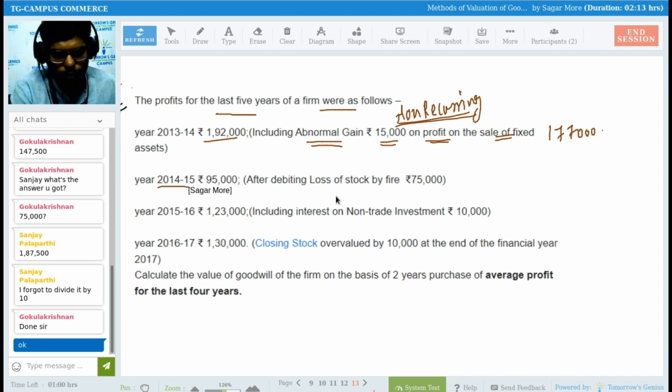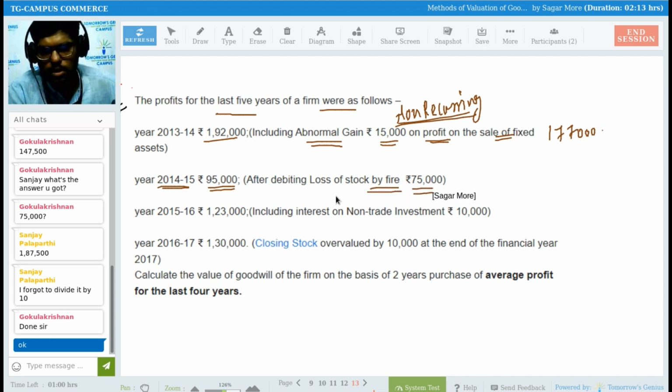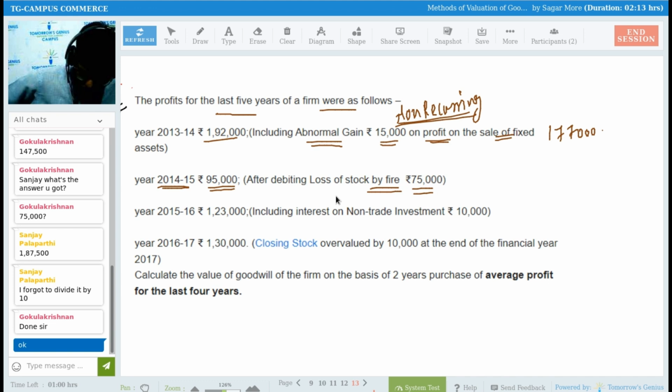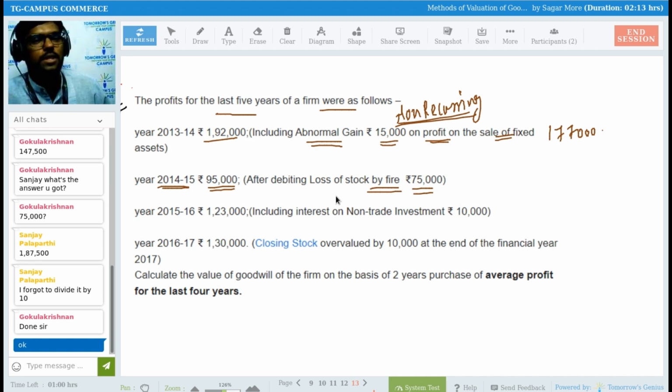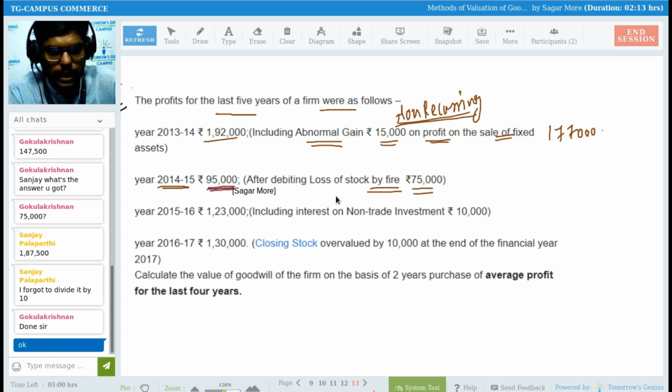Yes. In the year 14-15, 95,000 is the profit after debiting loss of stock by fire. So loss of stock by fire, is it my recurring expense? No, sir. You considered 75,000 rupees of expenses while arriving at 95,000 rupees of profit.